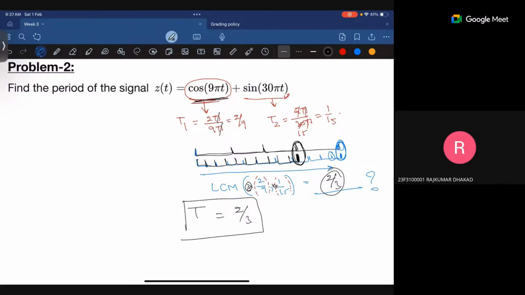I think question number 4 or 5, graded assignment 3.